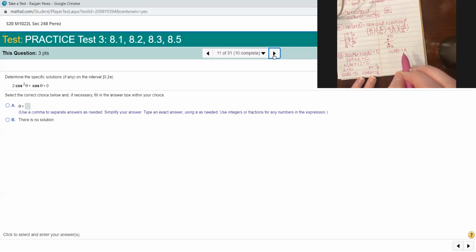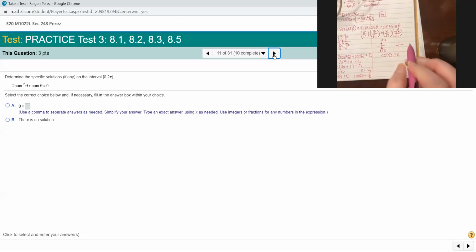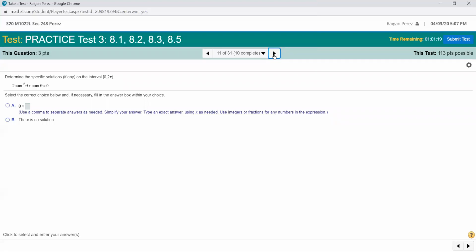Well, that is a pi over 3 angle, but it's negative. So hang on, guys, I gotta see. Okay, cosine is negative also in quadrant 2 and quadrant 3. And it's a pi over 3 angle. So this is 2 pi over 3 and 4 pi over 3.